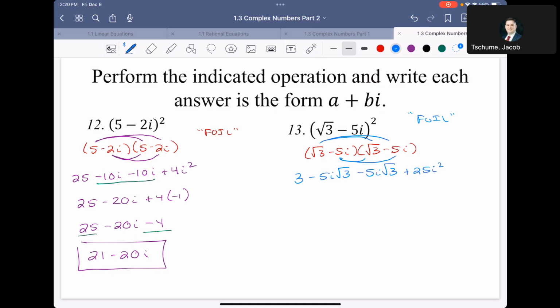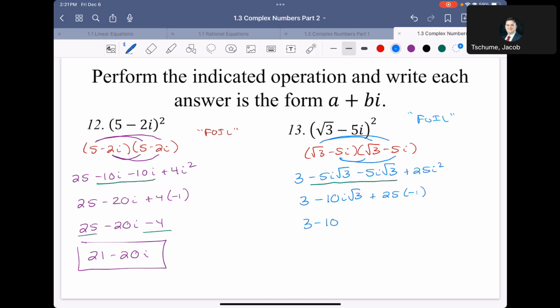Well, just like the one on the left, I'm going to bring down the 3. I'm going to notice that both of my terms in the middle can be combined because they both have the square root of 3 on them. So if I take negative 5i root 3 and subtract 5 more, you should get negative 10i root 3. And for the fourth time in a row, we ran into another i squared, so I'll replace that with negative 1.